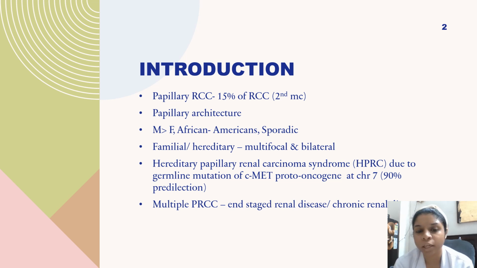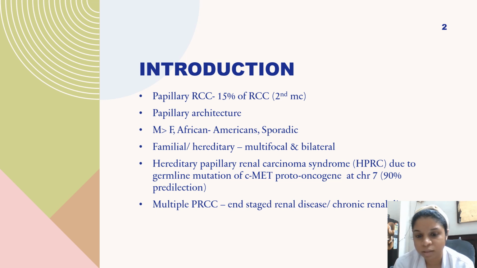So, one of the hereditary lesions is the hereditary papillary renal carcinoma syndrome. It is caused due to germline mutation of c-Met proto-oncogene at chromosome 7, and these people have 90% chances to develop papillary RCC. Multiple papillary RCC can also be seen associated with end-stage renal disease or chronic renal disease.